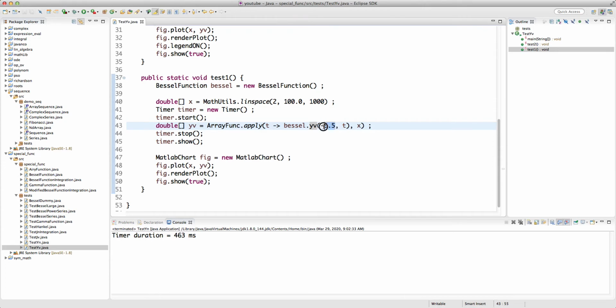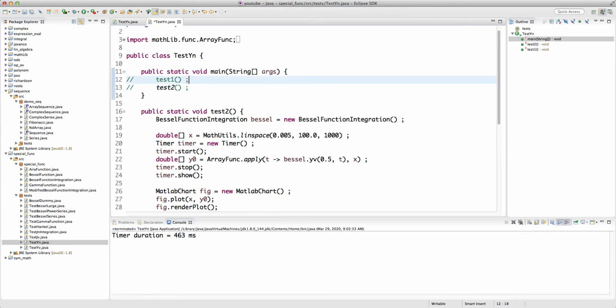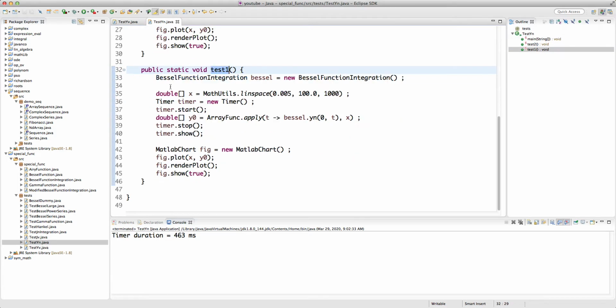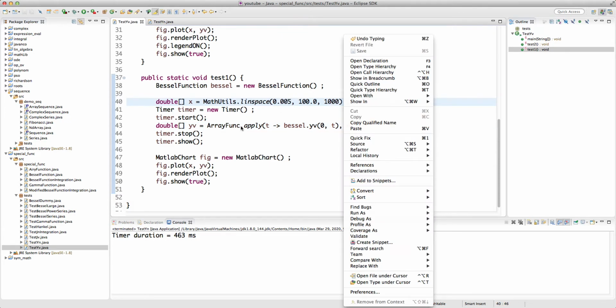So let's first look at Y0. In our integral implementation, we calculated Y0 from 0.005 to 100. So let's do a direct comparison.